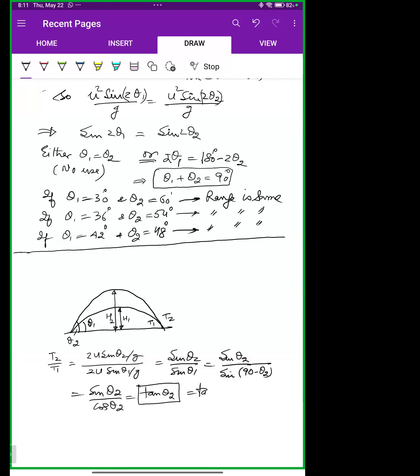Is equal to tan of 90 minus theta 1, is equal to cot theta 1.